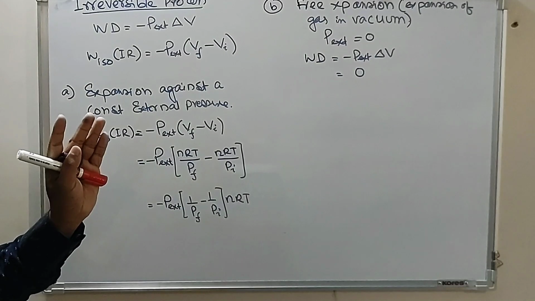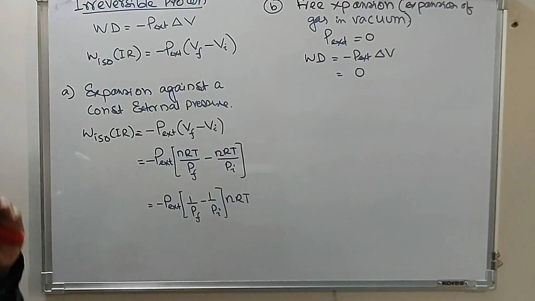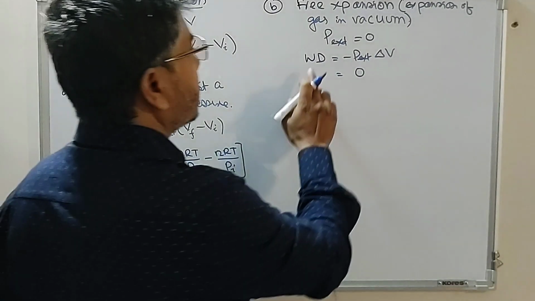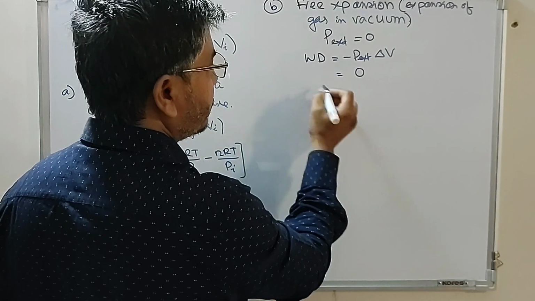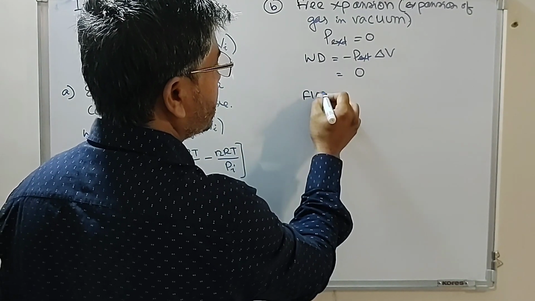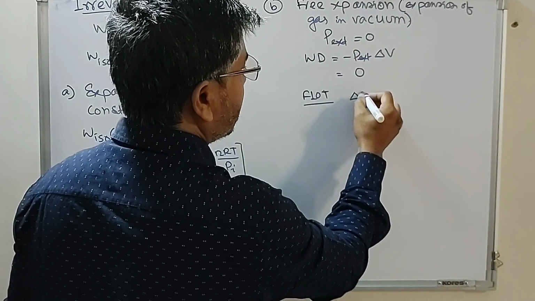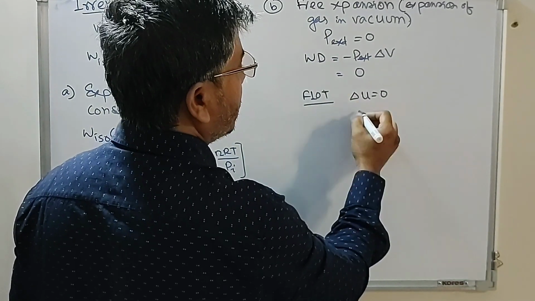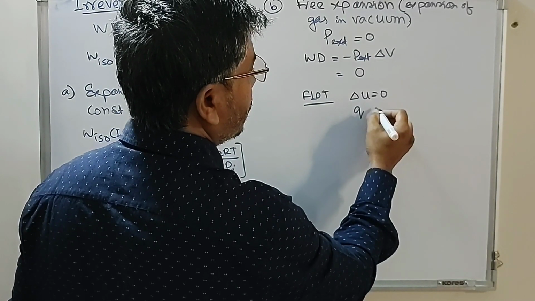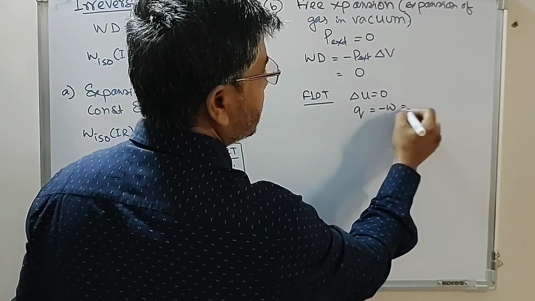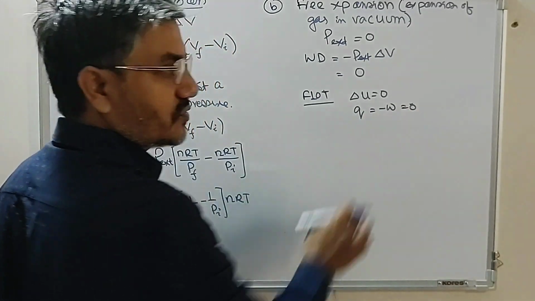Now from the first law of thermodynamics, for an isothermal process, delta U is equal to 0, and Q is equal to minus work done, which is equal to 0. So work done is 0, meaning Q is equal to 0.